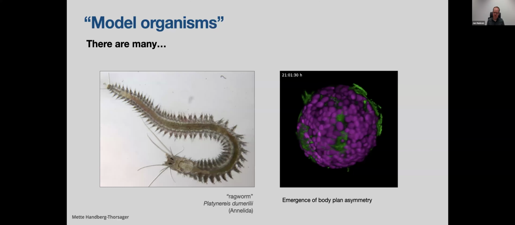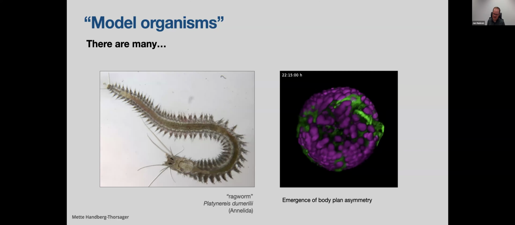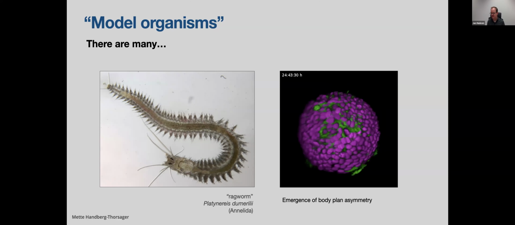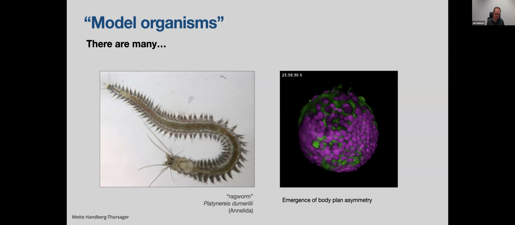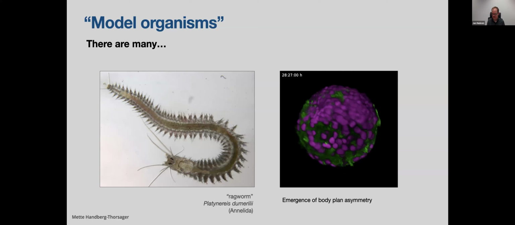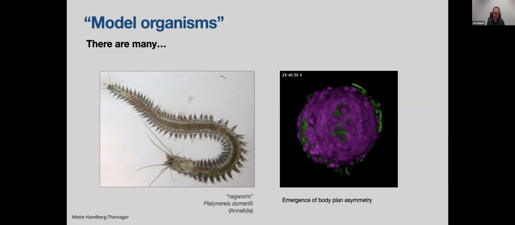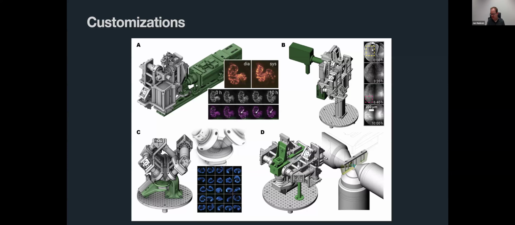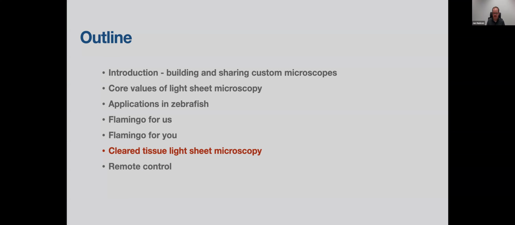So you also need to cover all the rest ahead of the actual imaging experiment, namely finding ways to anesthetize the sample, to mount it, to stain it, and to then image it. And so that's really another exciting area before you can actually start with the imaging. So a lot of Flamingo instruments have been customized and built, and here are just a few examples highlighting some of the parts that were built onto the system to allow unique experiments.